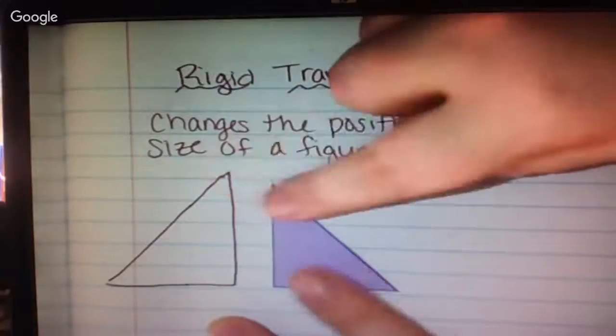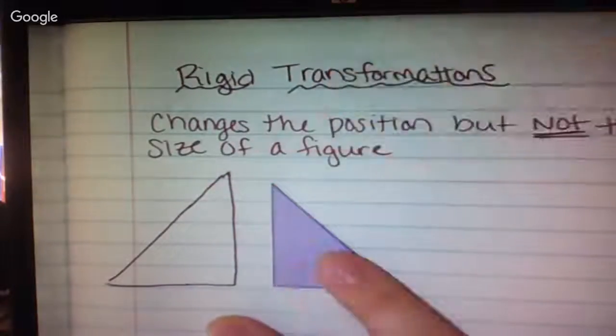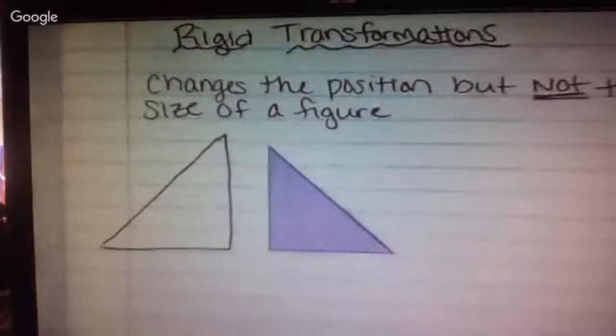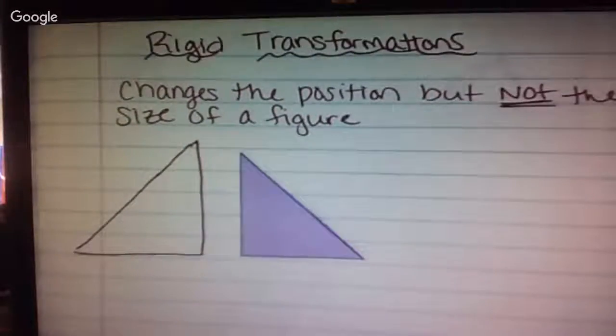Once you've traced it, then flip it and glue it in beside it. If you notice, this triangle does not look the same size as that one. Same shape.